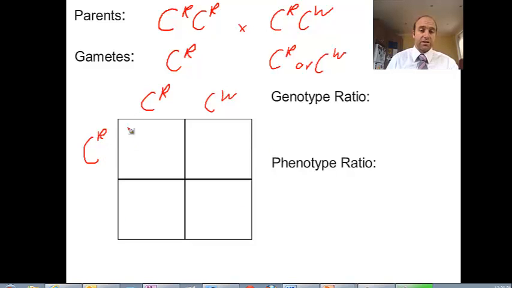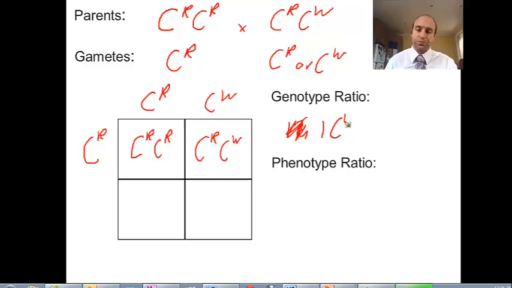So let's go write these out. Okay, so we're going to have a red individual, okay, gamete from here, and a white individual. Gives us a genotype ratio of 1. Oops, that looks a bit like a G. Just try that again. 1 red individual, which is homozygous red, and 1 heterozygous individual with 1 of each of the alleles.